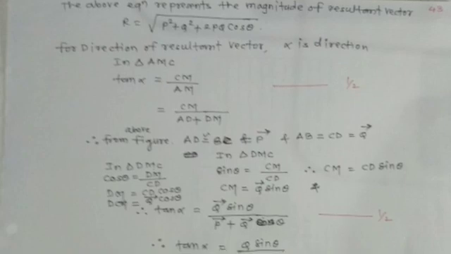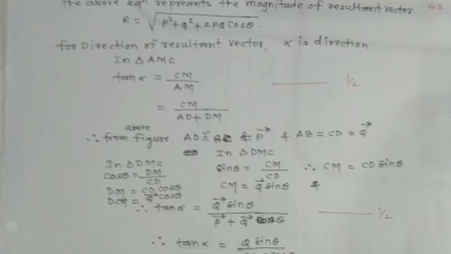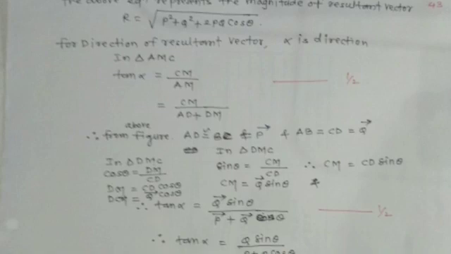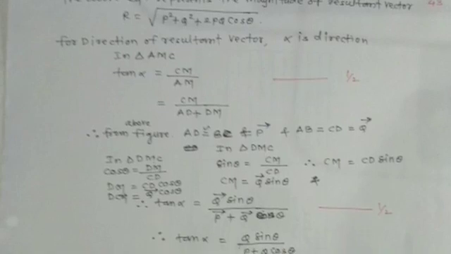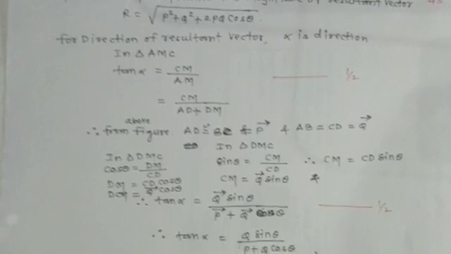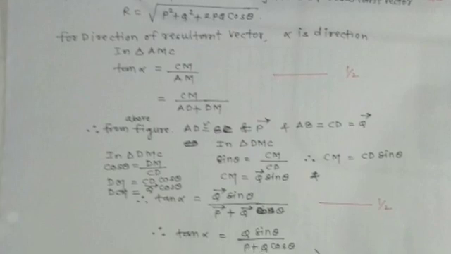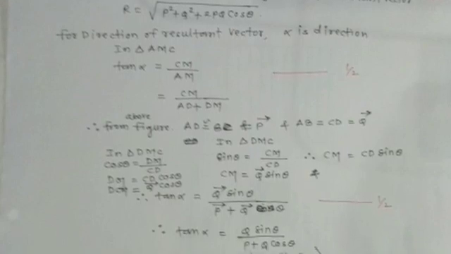For finding the direction of the resultant vector, let alpha be the direction. From the figure, in triangle AMC, tan alpha equal to CM upon AM.